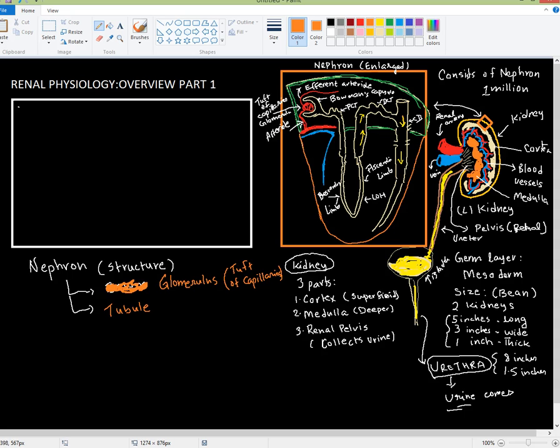Now the tubule. Tubule is subdivided into four parts. So the first is Bowman's capsule. It's a part of the tubule.